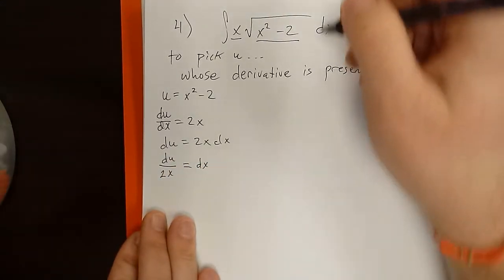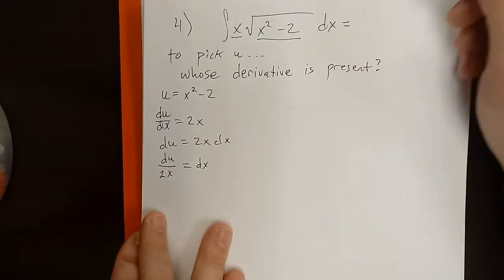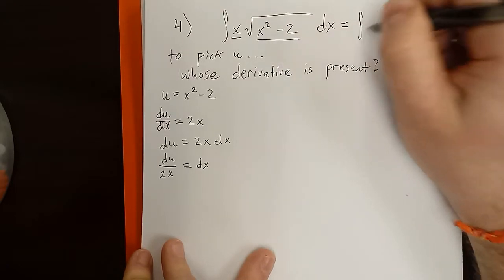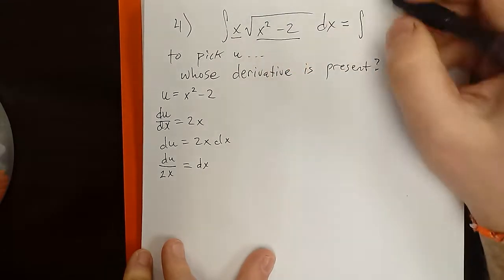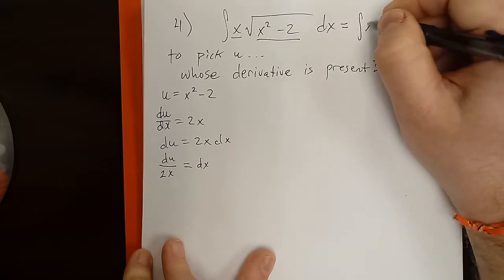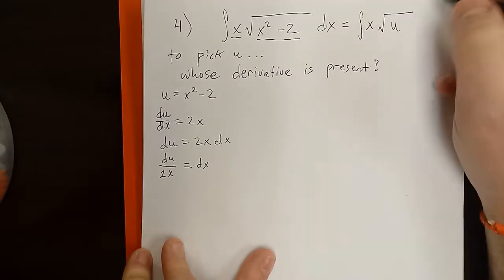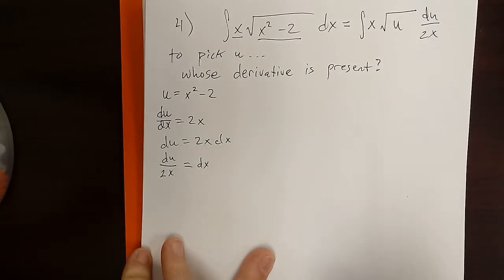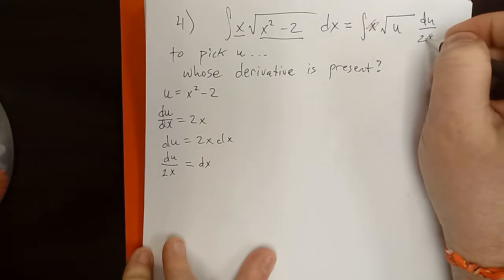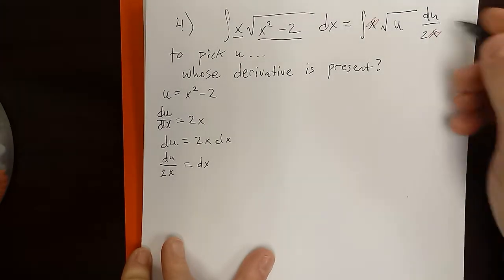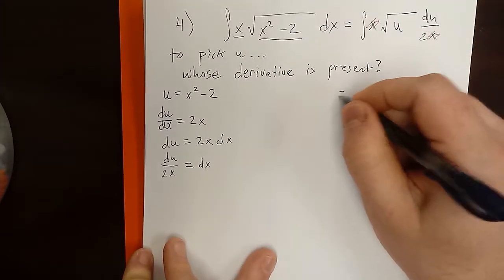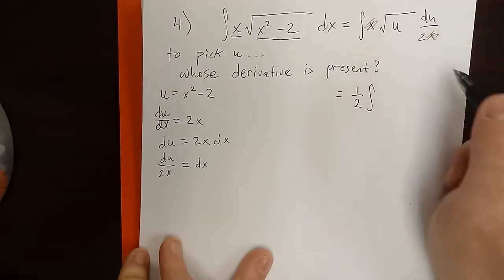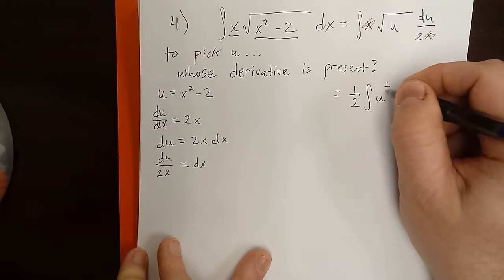When we do replacement now, we have the square root of, oh, this is still x, right? The square root of u, and then instead of writing dx, I write du over 2x. And so now these x's cancel each other out. And that 2 we can bring out front, and we can write a 1/2 out front, integral, and instead of writing square root of u, let's write u to the 1/2, just like we've done before, du.